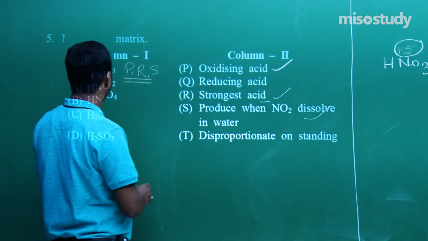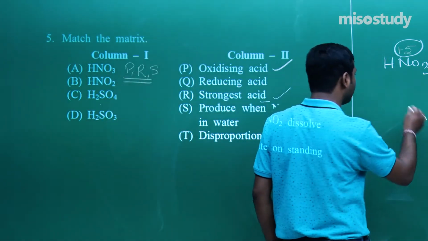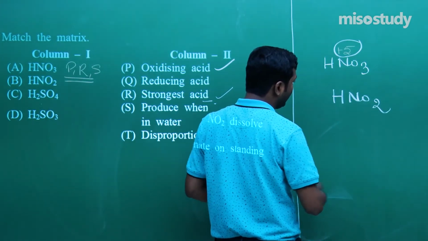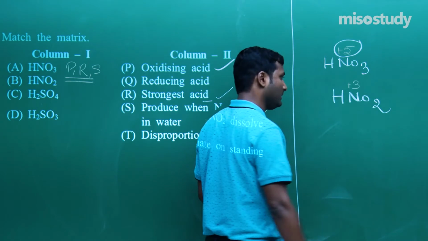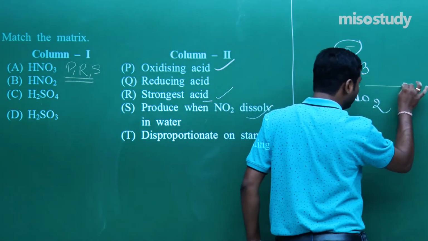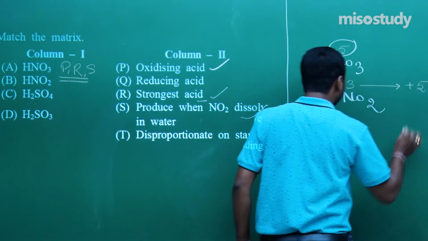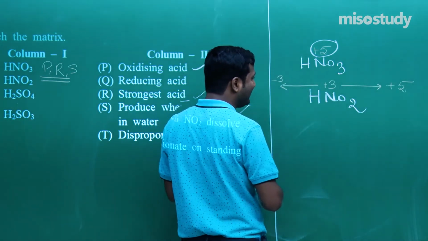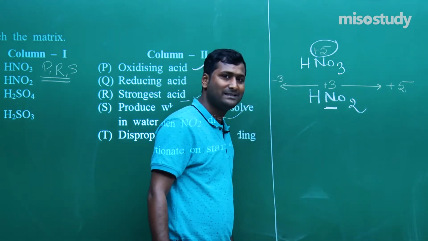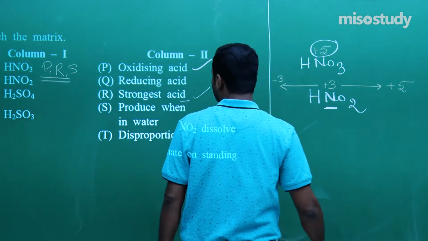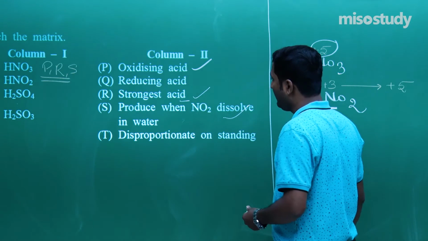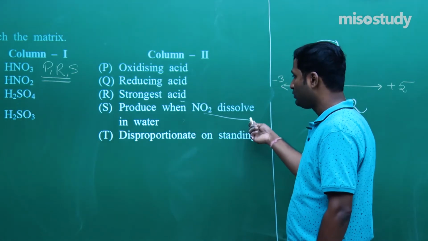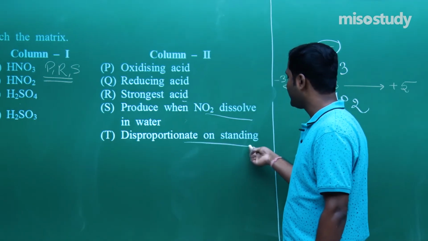Clear? Now if I talk about HNO2, now moving here, check it out. HNO2, in this case nitrogen has oxidation state +3. Yes sir. It can exceed its oxidation state up to +5. It can decrease its oxidation state up to -3. That is, it can act as an oxidizing as well as reducing agent. So for this, P and Q is the correct option, and it is produced when NO2 dissolves in water and disproportionates on standing.